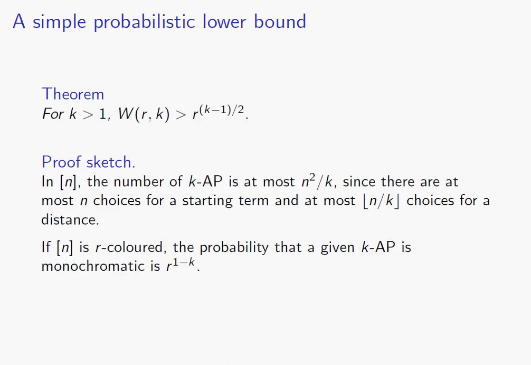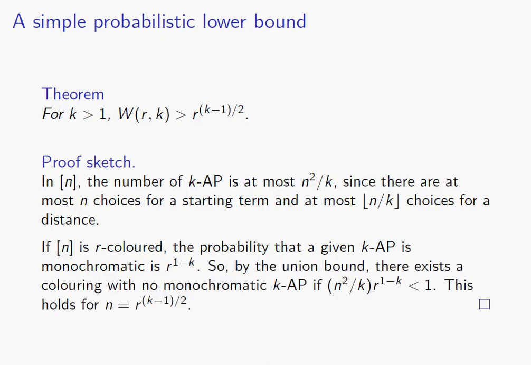Now if we paint the integers from 1 up to n with r colors, the probability that a given k-AP is monochromatic is r, choices for a color, divided by r to the k, the total number of ways to paint that k-AP. Now that's r to the 1 minus k.